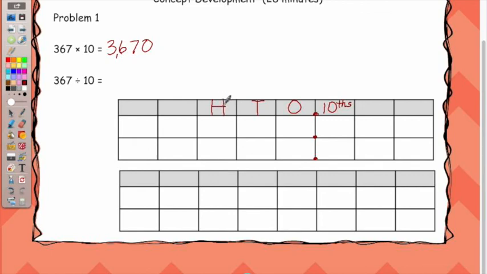I'm saving you some time. And I told block 1 I'm going to start going faster, so I'm not going to be waiting around for you to write things down anymore. Okay, so where do I place 367? The 3 under the H, the 6 under the T, and the 7 under the Y.